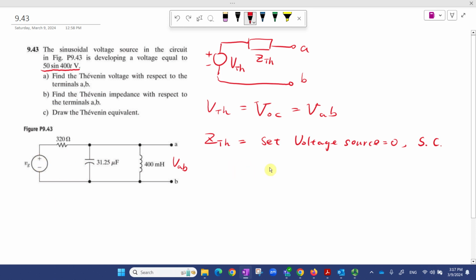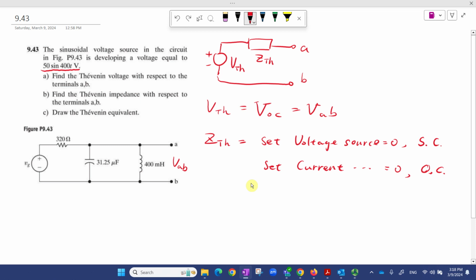If you have a current source in the circuit, you will set the current source to 0 as well. That is equivalent to an open circuit. So that's the background. We're going to do that.